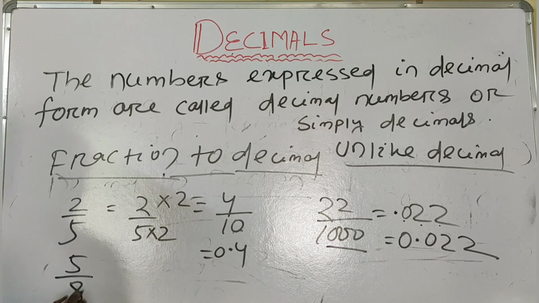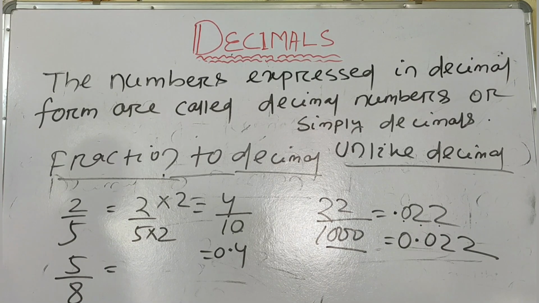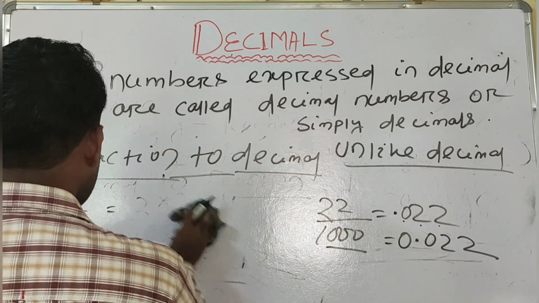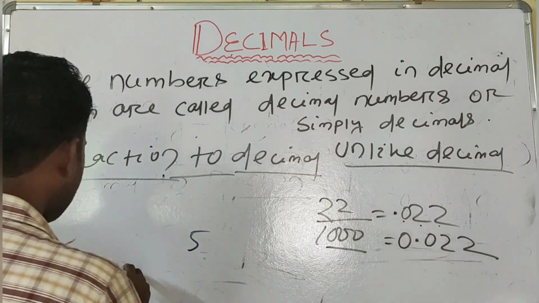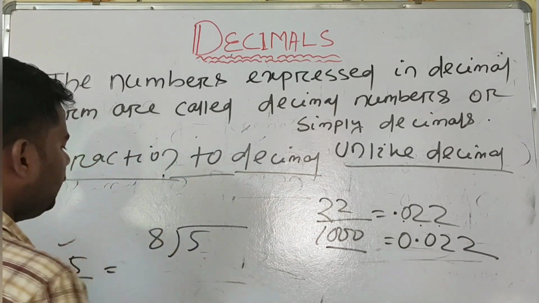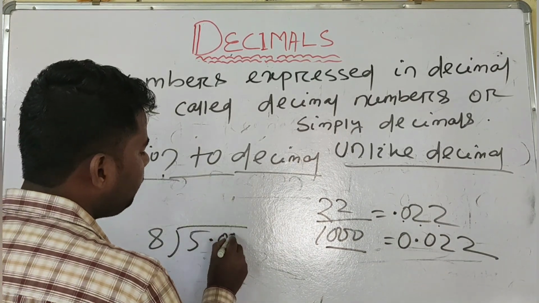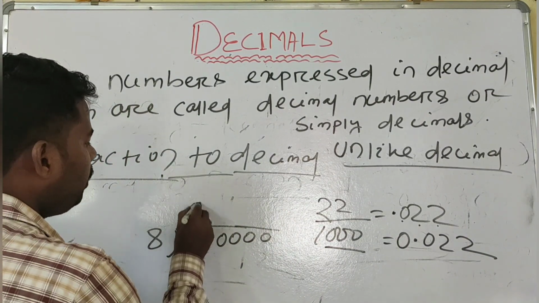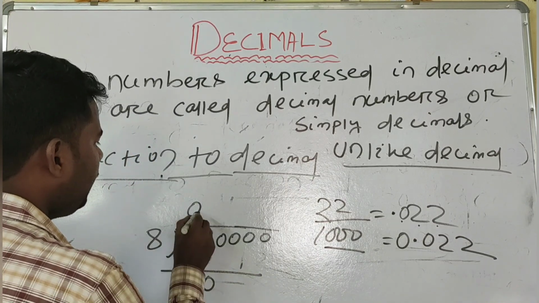If 5 by 8, suppose we don't know which number to multiply with 8 to make it 1000, then what will we do? At that time we directly divide. By the division process also you can solve it. How? 5 is the dividend and 8 is the divisor. Now we divide. 5 we can also write as 5.000. 8 goes into 5 zero times, bring down 0 to make 50.